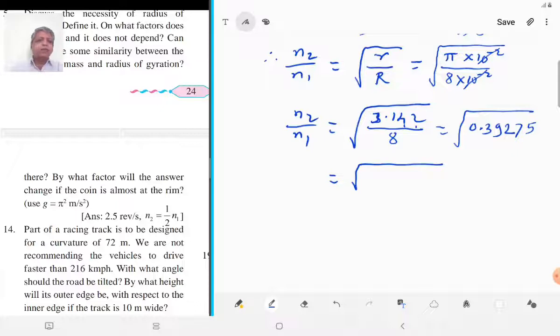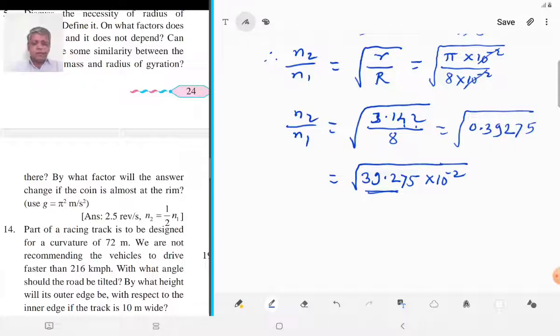Here this number is less than 1, so we convert it like this: 39.275 into 10 raised to minus 2. Now this number is in between 10 to 100, so we use the table of square root of 10 to 100.